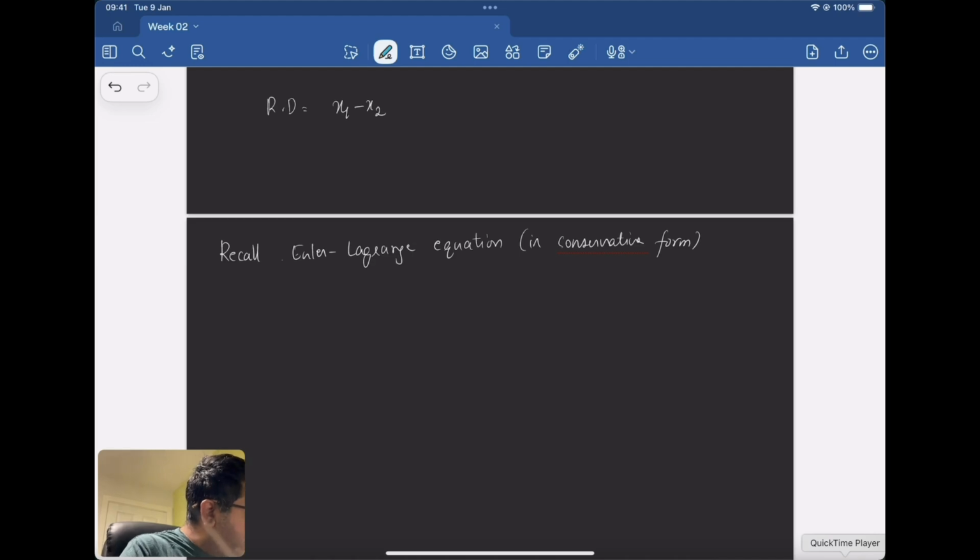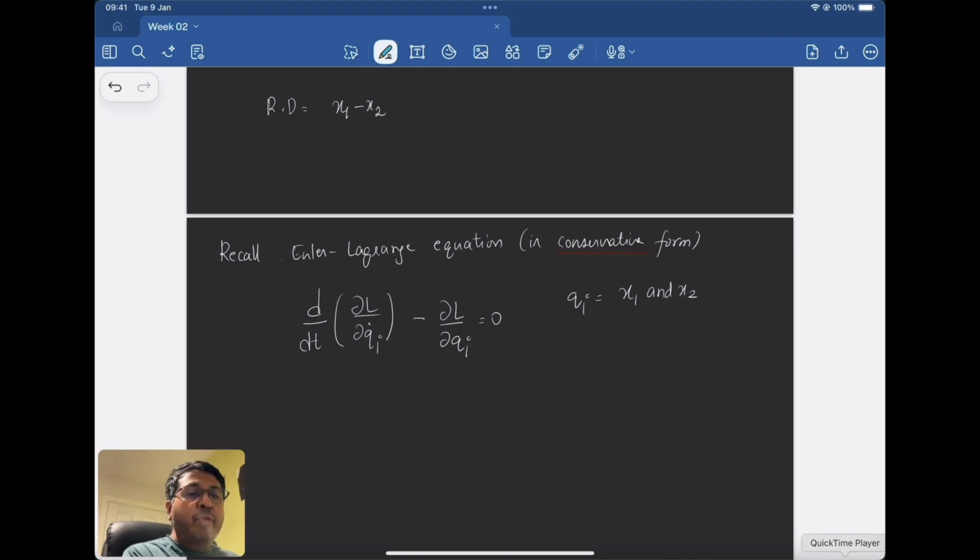So we can write our Euler-Lagrange equation as d by dt of dou L by dou qi dot minus dou L by dou qi, where qi is our generalized coordinate, which is our x1 and x2. So we have two equations in x1 and x2.